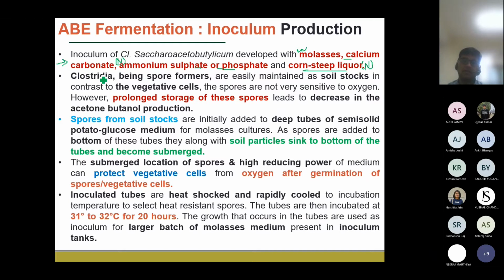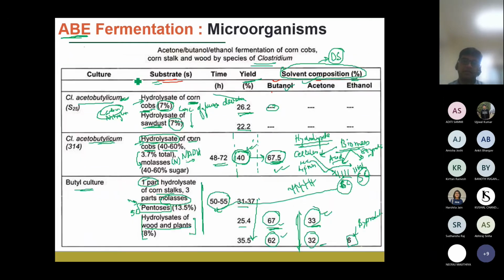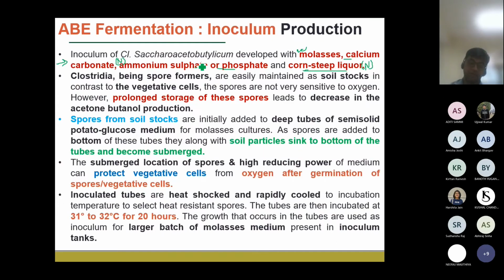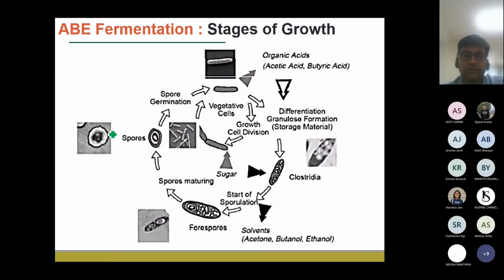If you see how this particular Clostridium species is growing, that will also affect how we select the media components, and the fermentation yield and productivity. The Clostridia are known to be spore formers. So what are spores?